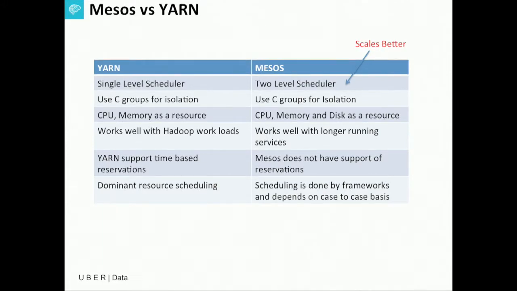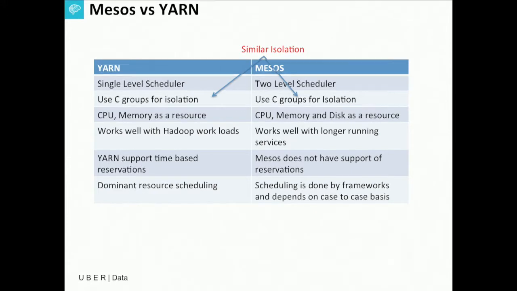And then you have frameworks like Marathon, Aurora, and others, to which you give offers, and then they take those offers and run their jobs. So this is a two-level scheduler. On paper, it should be more scalable, and it does scale. But there are other issues with two-level scheduling, which I'll talk about a little bit.